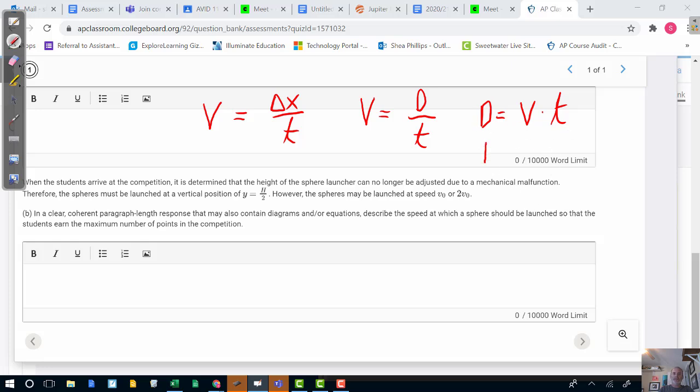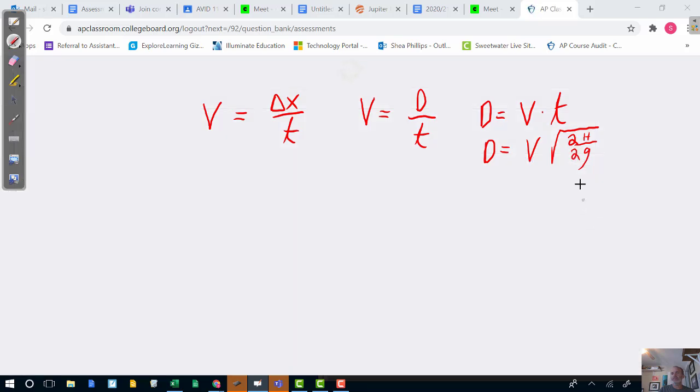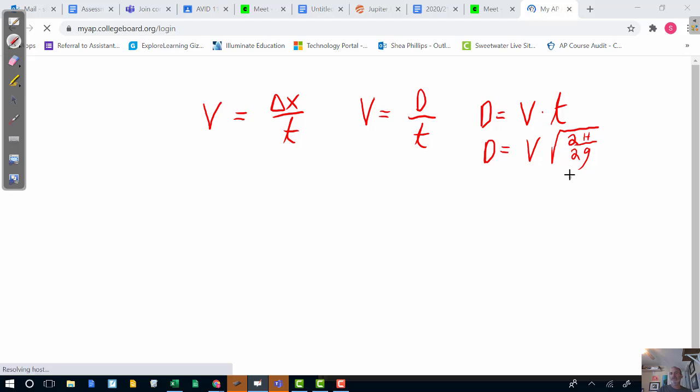And from that algebra that we did before, I would have the square root of 2h over g, and that h, sorry, so that's h over 2, so I would get something like that. Oops, it signed off on me.